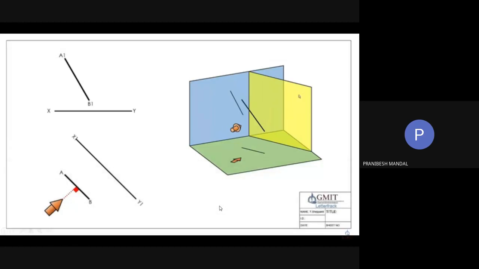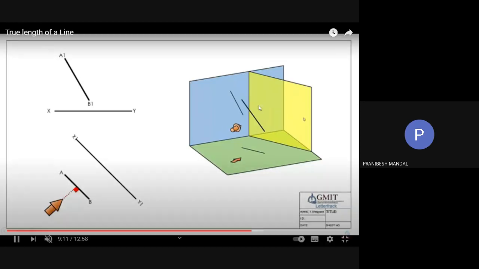This yellow plane is parallel to this particular line, and the corresponding view on this plane will give you the true length.